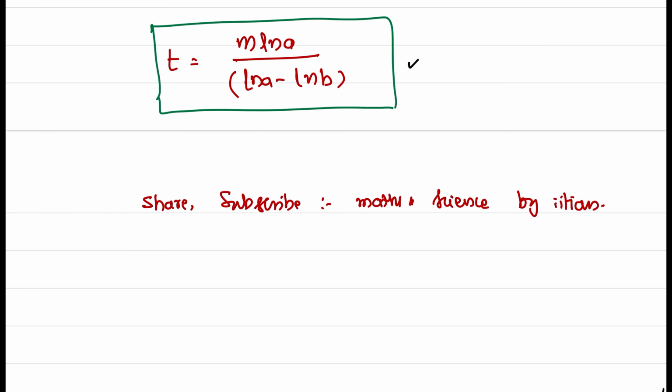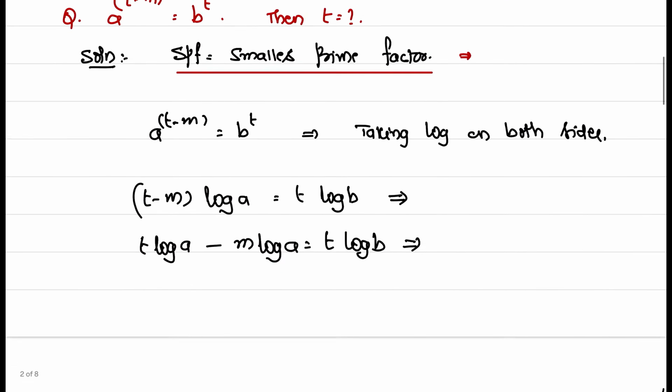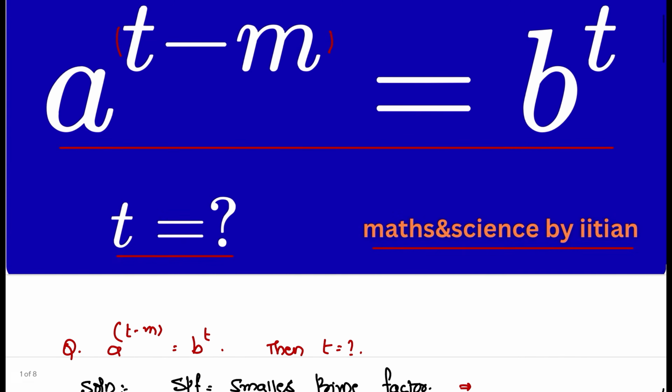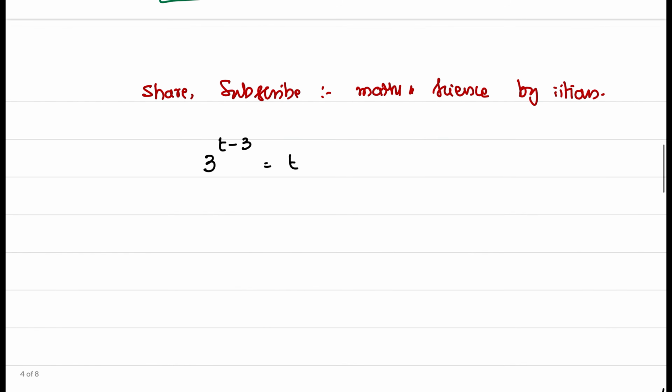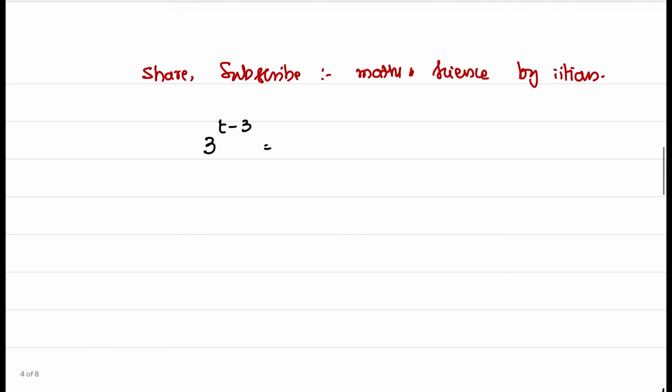If you want to see an example, like if 3 to the power of t minus 3 is equal to, for example, 6 to the power of t, let us say.